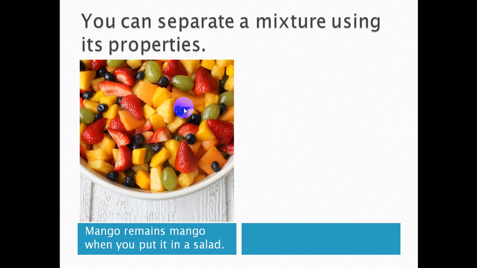Here in this mixture we have a lot of fruits like mango, oranges, berries, grapes, strawberries. Let's talk about mango. Mango remains mango when you put it in a salad. It's still the same. I can recognize it, but it's in a different, smaller size, so I can separate it by its size.